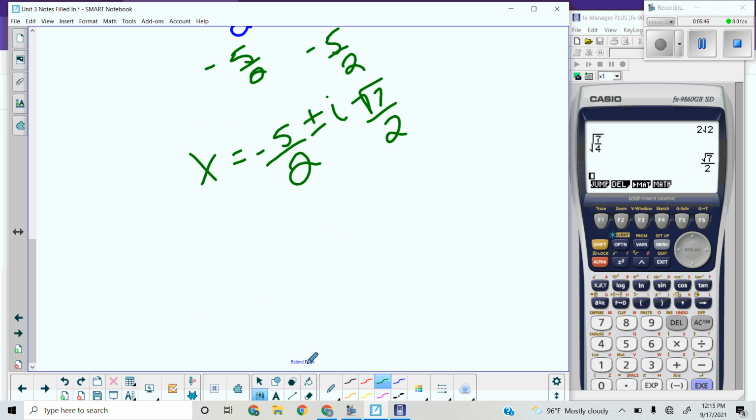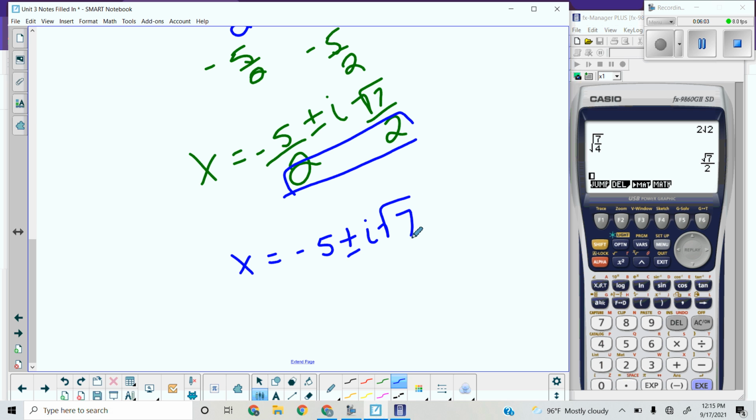Now, we can write this just a little simpler because these have the same denominator, those 2's. We can just write this as x equals negative 5 plus or minus i square root of 7 over 2. We can only do that because those denominators are the same.